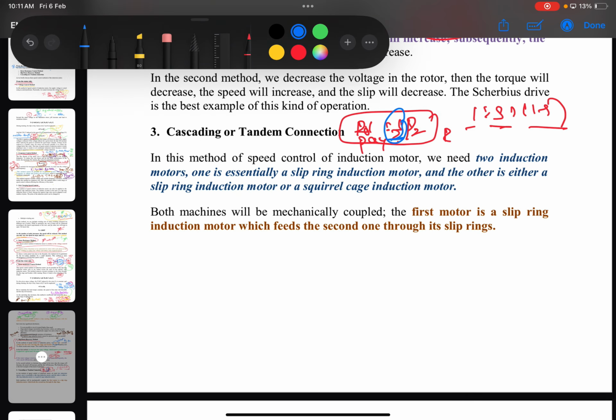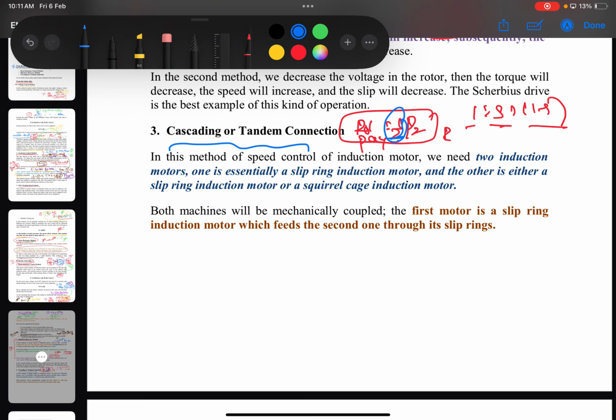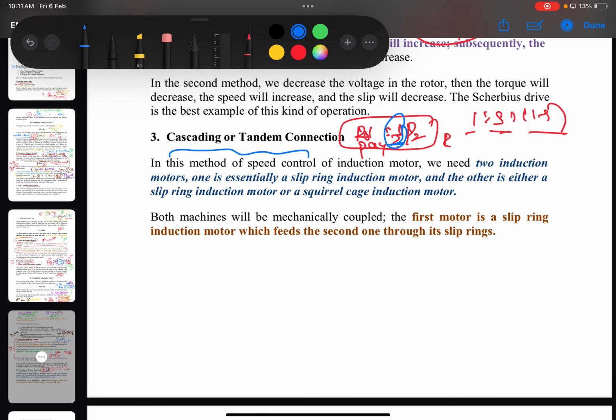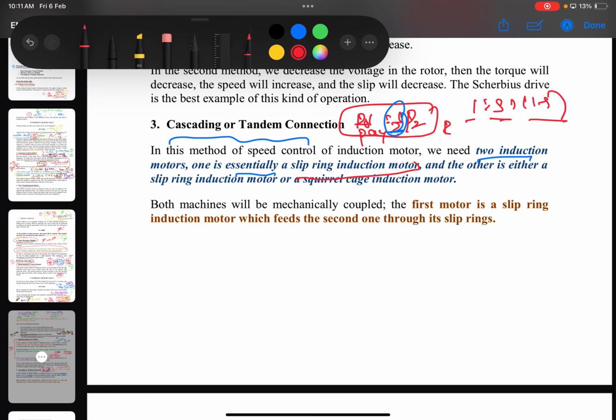So this is a bit complicated. I guess we'll try to simplify things here with cascading of two induction motors. When two induction motors are connected, one has to be a slip ring induction motor, because slip power recovery has to be done, or else the power has to be injected.